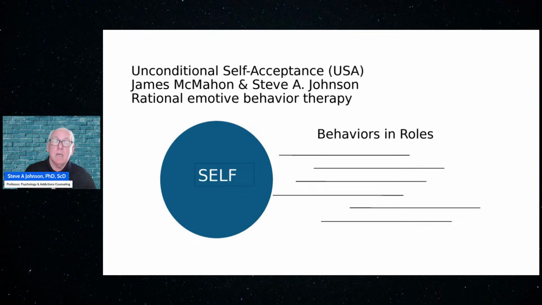So me, probably the role that's most important to me is the father of my two daughters, right? If I make a mistake there, I say something unhelpful there, then I have a tendency to beat up on myself, and feel really, really guilty and bad. And then another role that I have is the role of professor.